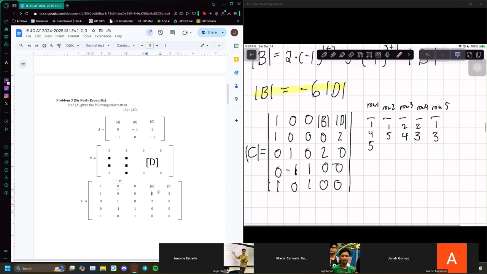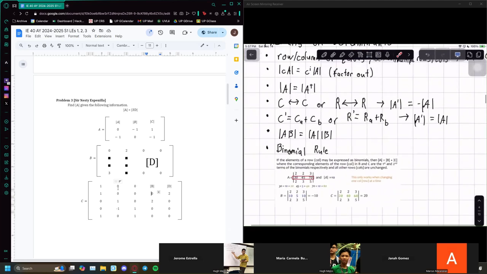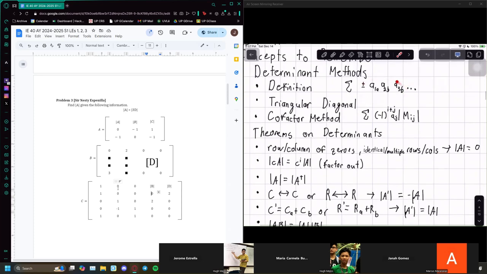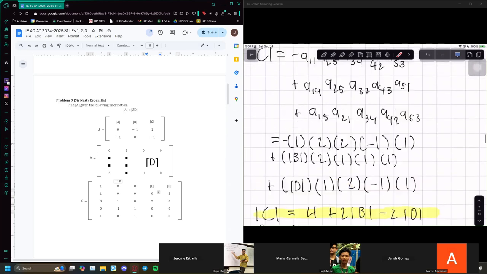Basically, when you have permutations, you're going to add up all of the possible ways that you can choose columns for each row. But since there are many zeros, you know that for permutations where a certain zero is chosen, since it's a product, if you remember, that entire term is going to be canceled out. We don't have to worry about it.